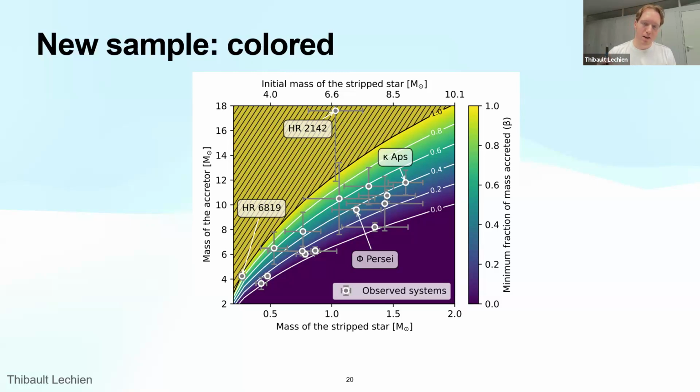But what I'd be interested in is looking at the selection effects for these stars, because all of these stars in the sample currently have a very extreme mass ratio, where the accretor is much, much more massive than the stripped star. And also in the same figure, you can see in color that the stars at the top with more extreme mass ratios are ones with stronger constraints on this efficiency.